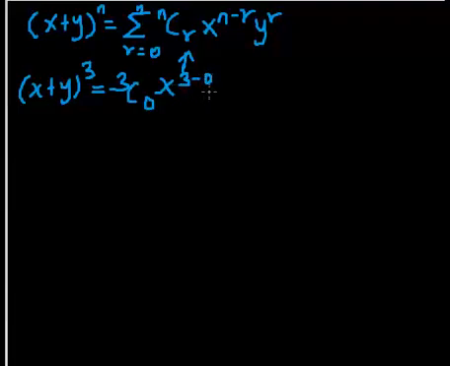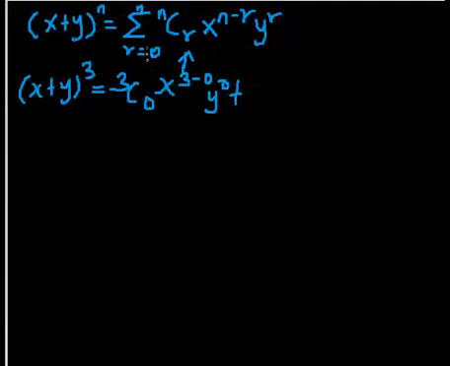Then of course y is being raised to the power of r, which is 0. Remember, it's summation, it keeps on increasing. I will do the sum plus this time around.